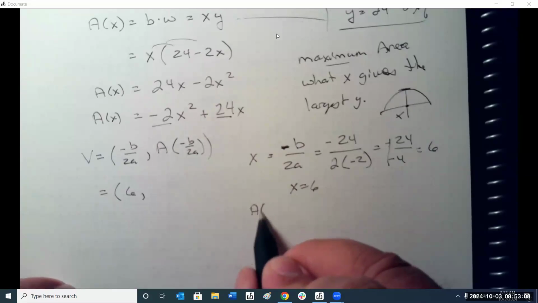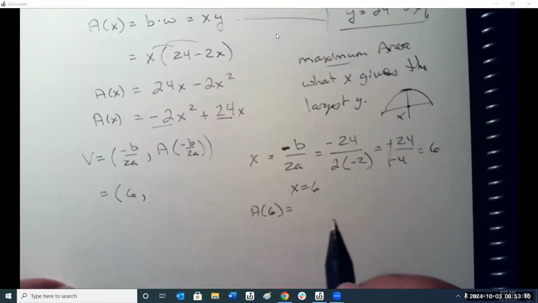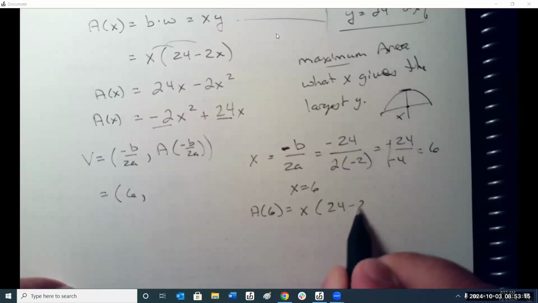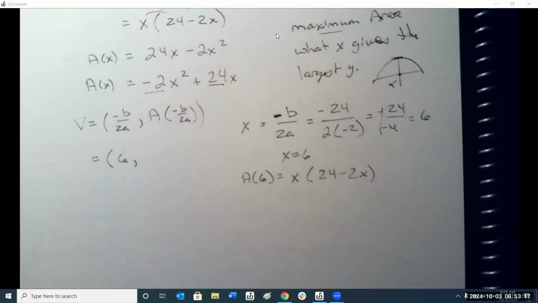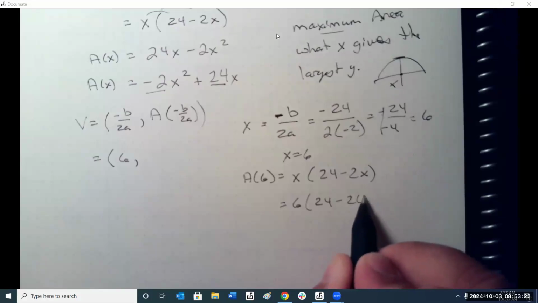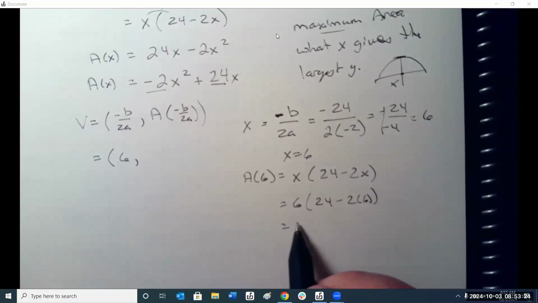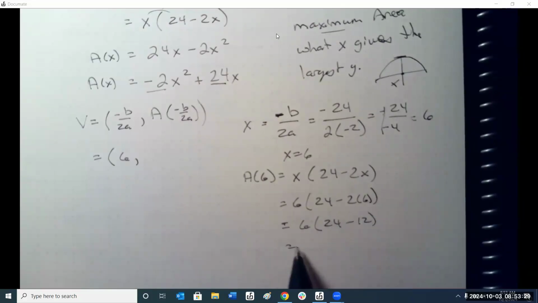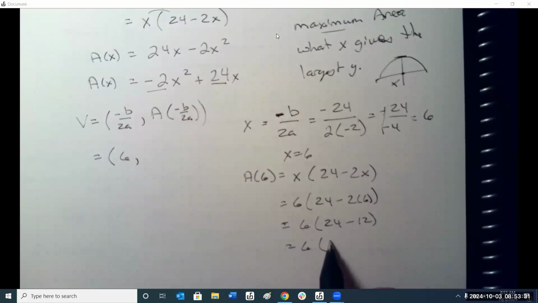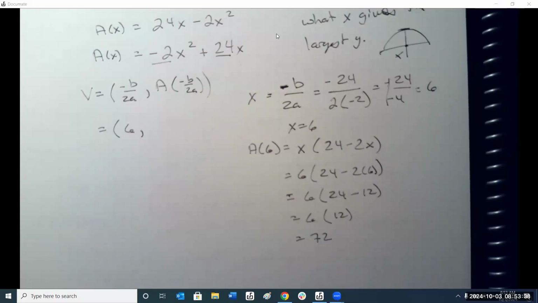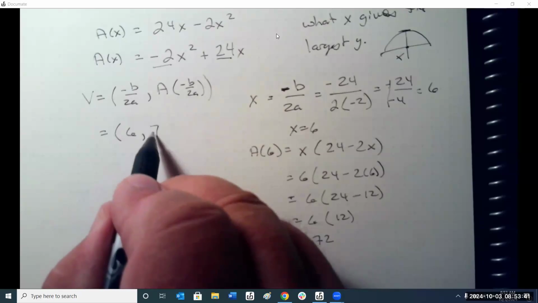If I plug that back into my original equation, x times 24 minus 2x. So I have 6 times 24 minus 2 times 6. 24 minus 12 is 12, times 6 is 72. So that's the y value.